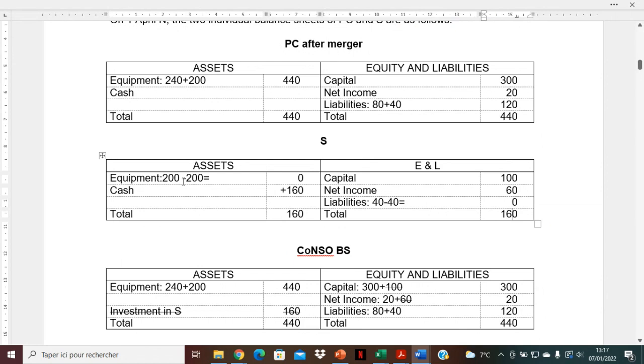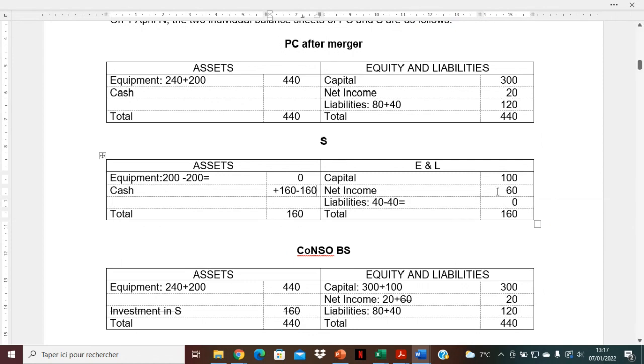But as I said, the company now is an empty shell because except for the cash, there's nothing left, no operations, nothing. That means now we will liquidate the company, which means we will take the existing cash and distribute it to the shareholders.